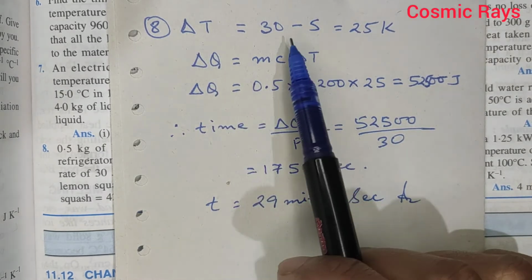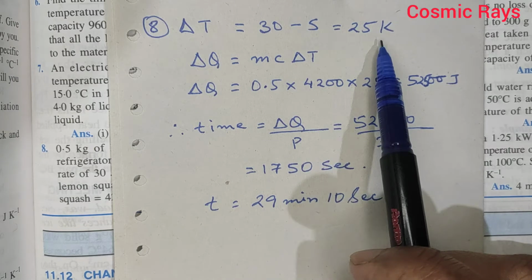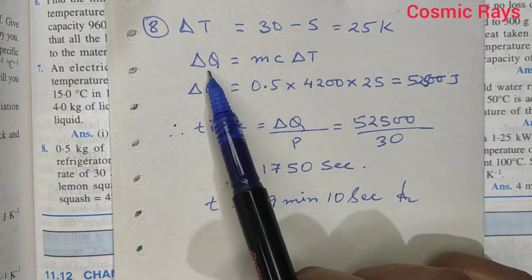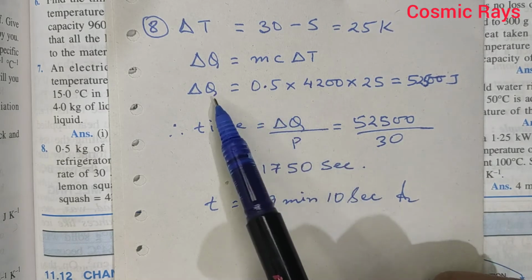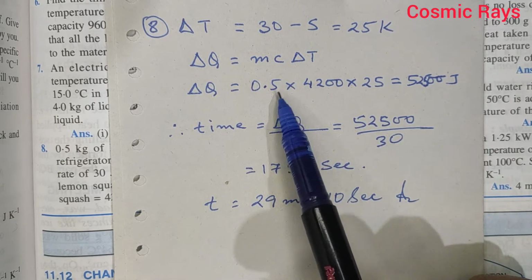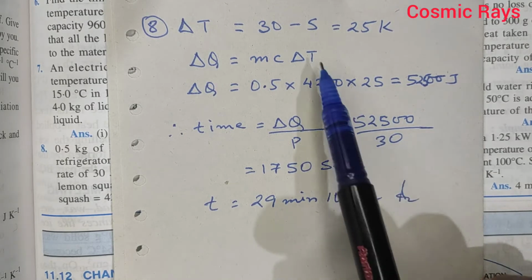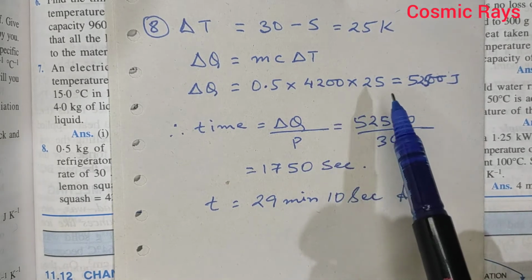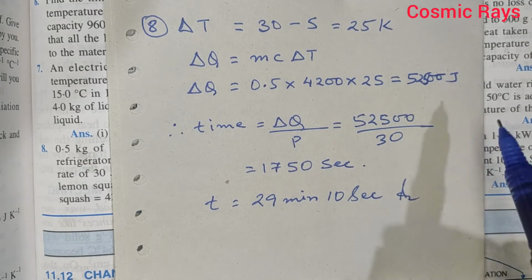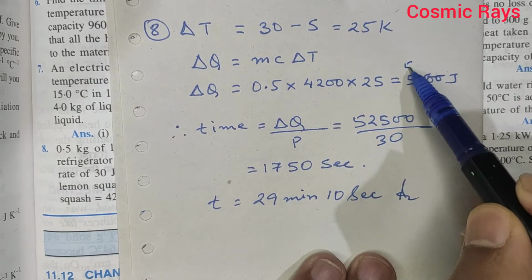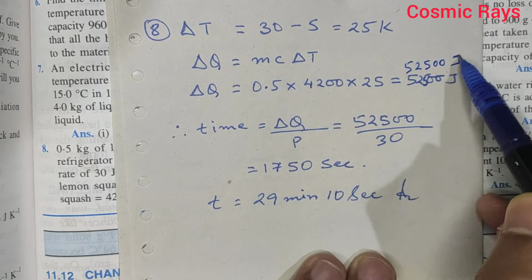Change in temperature is final minus initial, that is 30 minus 5, 25 Kelvin. So delta Q is equal to mc delta T. So we calculate the value of delta Q. Mass is 0.5 kg. Specific heat is 4200 multiplied by change in temperature is 25. So it comes out to be 52500 joules.